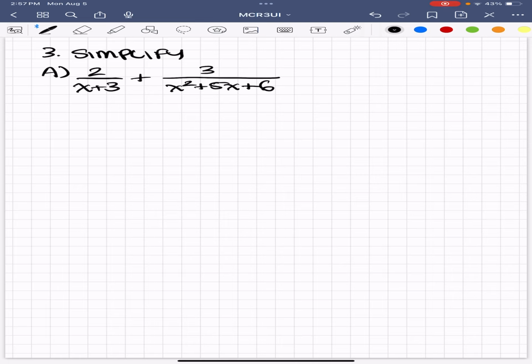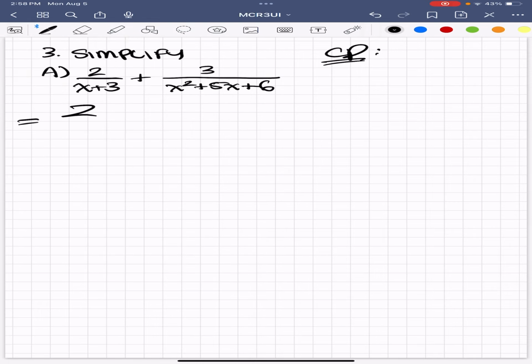Alrighty. So we have a trinomial in this one. We're going to factor that trinomial, and then we're going to multiply by the correct conjugate and our common denominator. Let's begin.